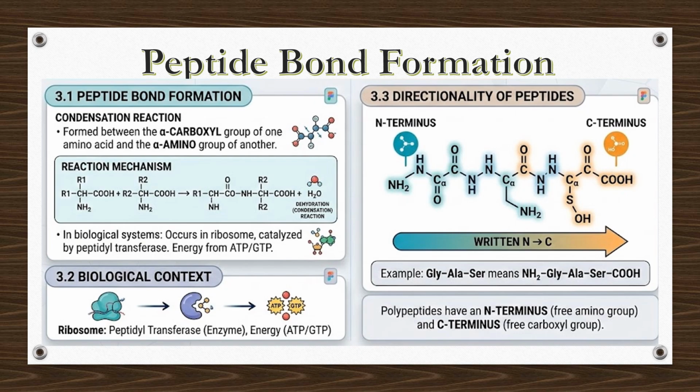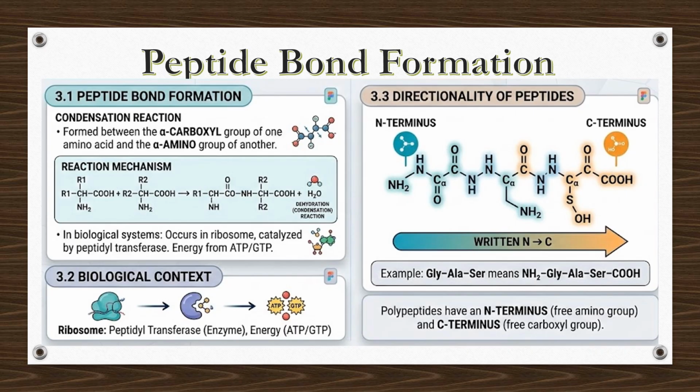The peptide bond is an amide linkage between the carboxyl group of one amino acid and the amino group of another, with the release of water. This condensation reaction is energetically unfavorable in water, so in living cells, it is powered by the ribosome.